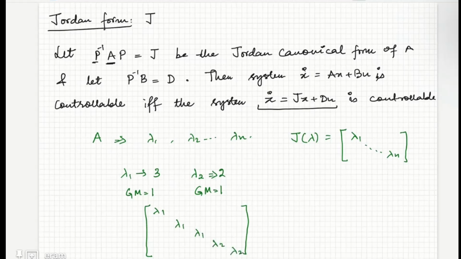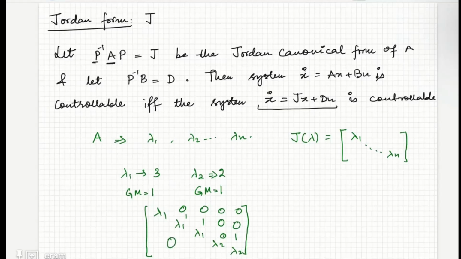Since we have geometric multiplicity of 1 only, the Jordan form will be lambda 1 and 1, 1, and all the other entries will be 0.